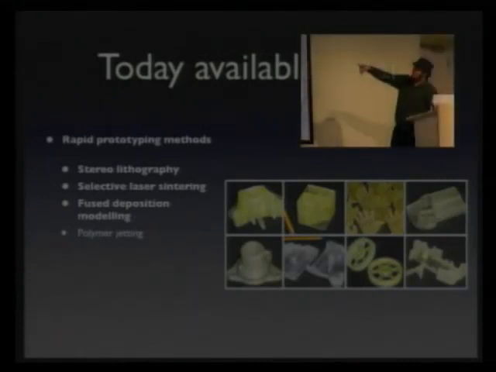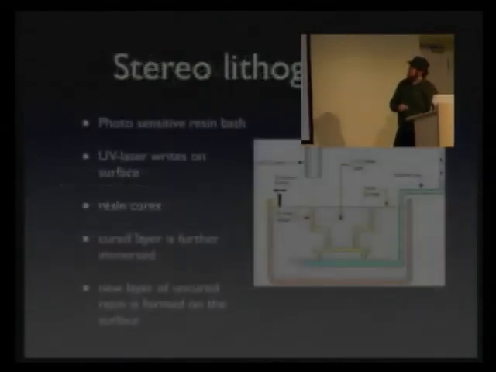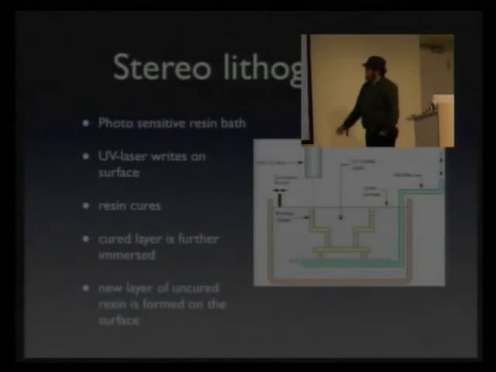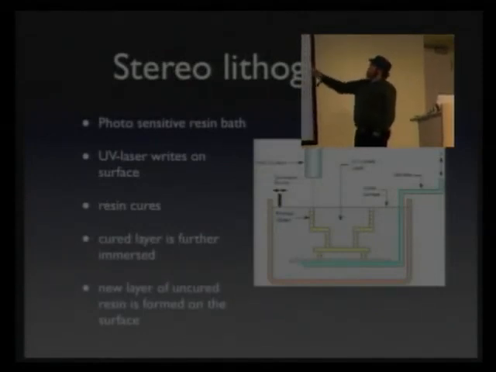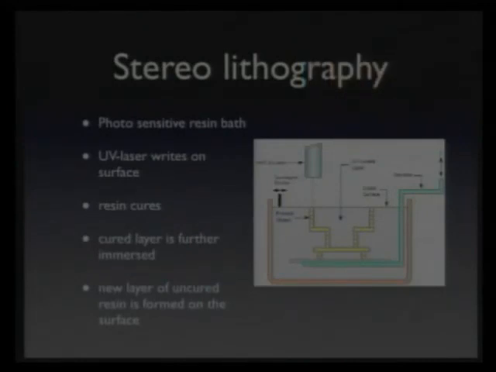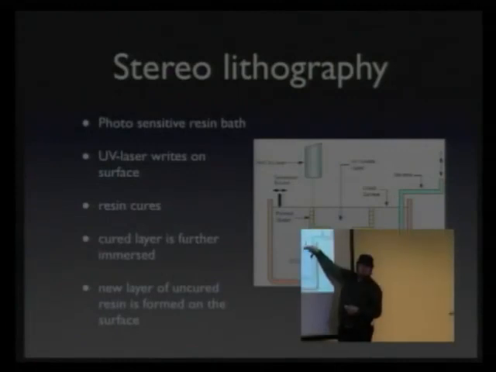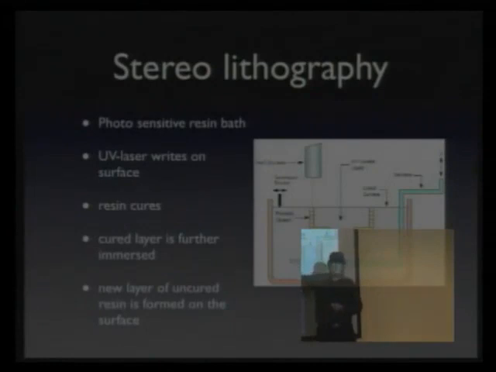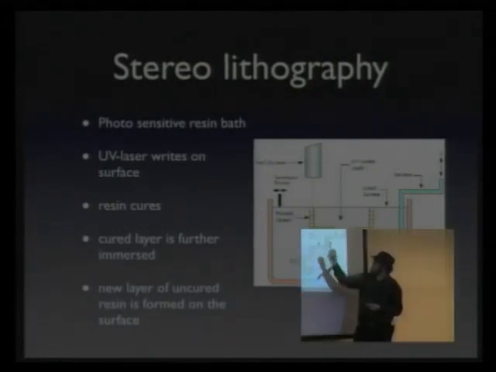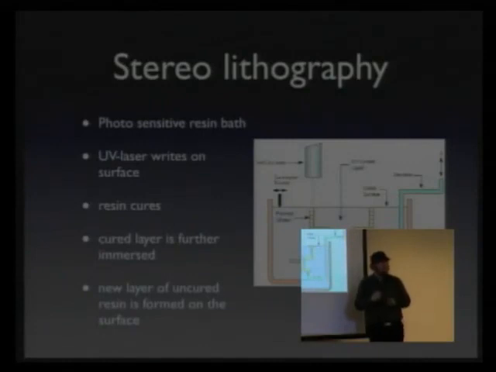I want to explain in a little bit more detail the more promising ones, where I've actually seen microstructures already. This is how stereolithography works. You have some kind of piston which moves the elevator, and it will start up here, just below the surface, so that you have a thin layer of liquid photoresist on top, and then your laser comes, writes the structure on it, and photo-cures it.